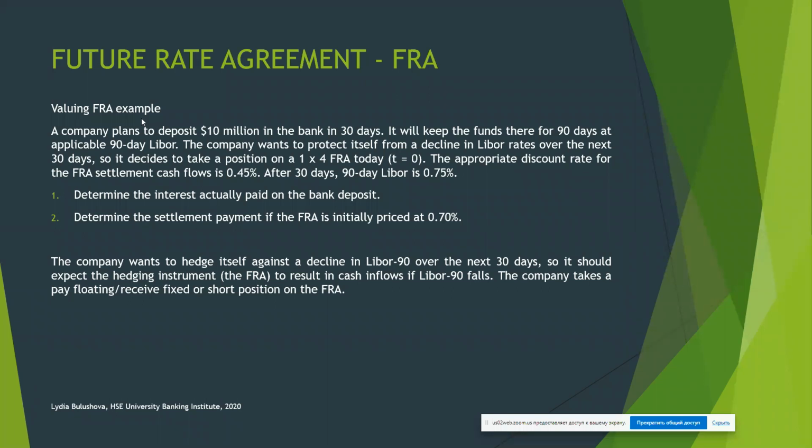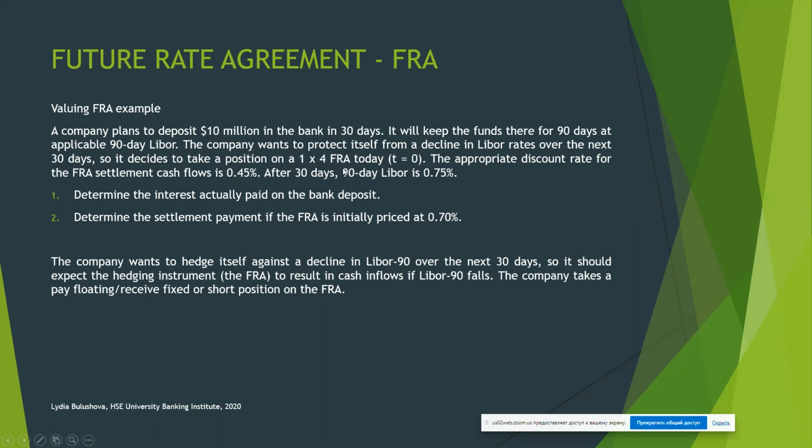So they need something that will start in 1 month's time and stop 4 months from now, and that's why they have 1 by 4. 1, it starts in 1 month from now. 4, it ends 4 months from now. 4 minus 1 equals 3.